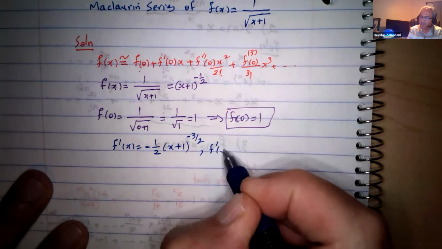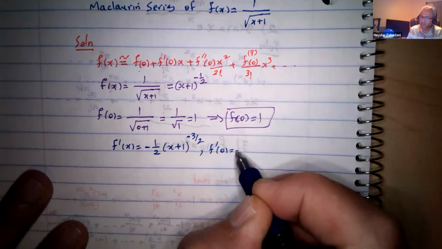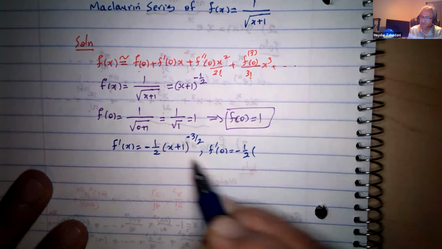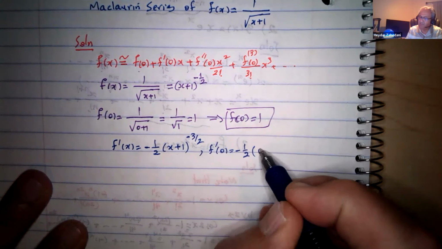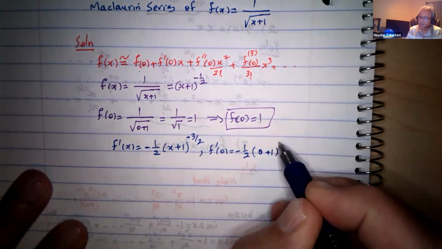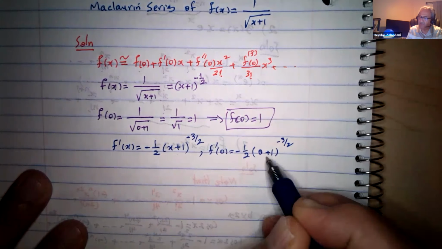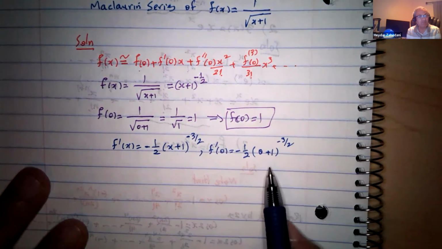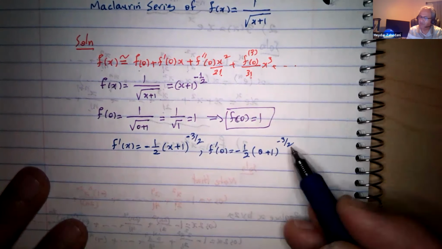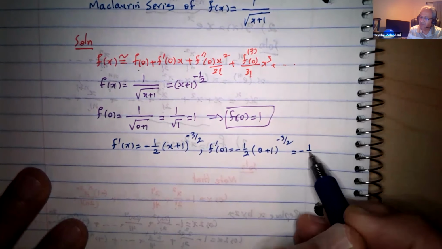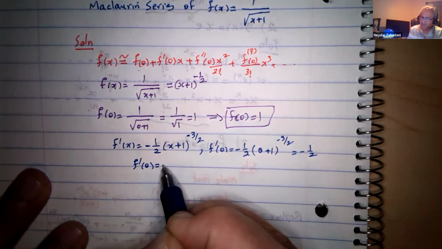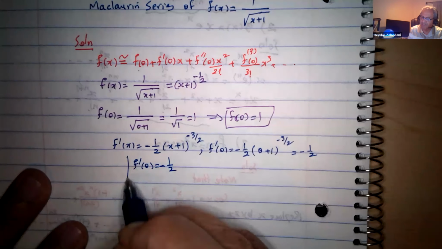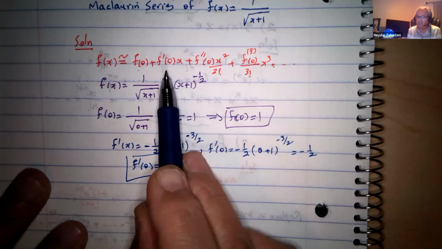So f prime at 0 is negative half. The bottom one would be 0 plus 1 to the negative 3 half, which would be 1, because 0 plus 1 is 1, and 1 raised to any power is 1. So that gives a negative half. So f prime of 0 would be negative half. That's your second term.